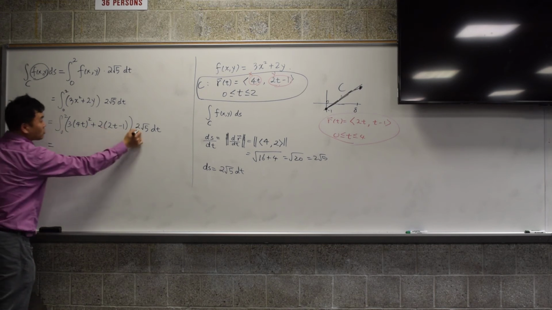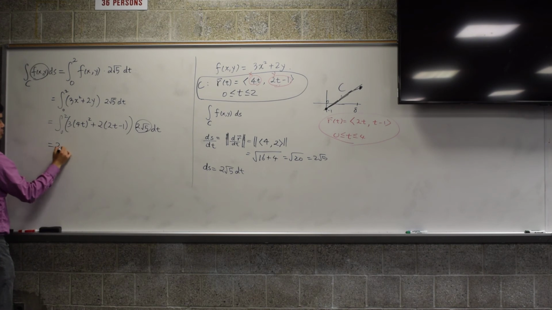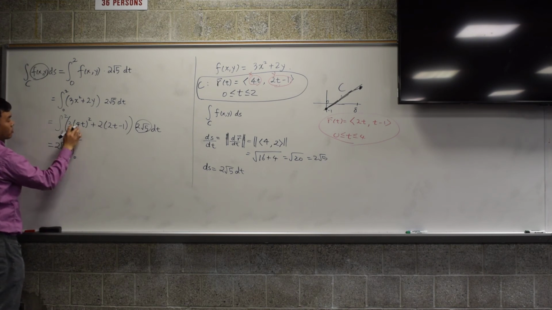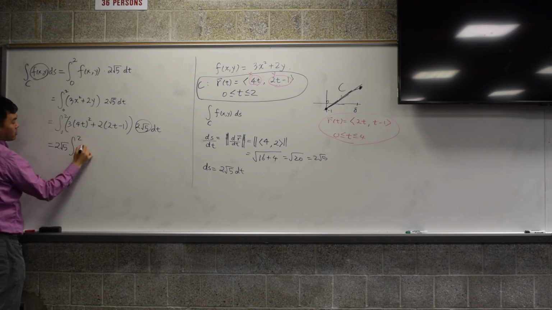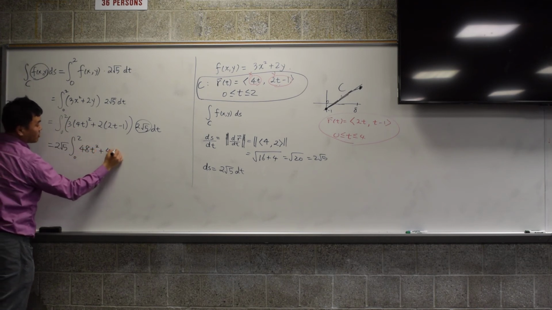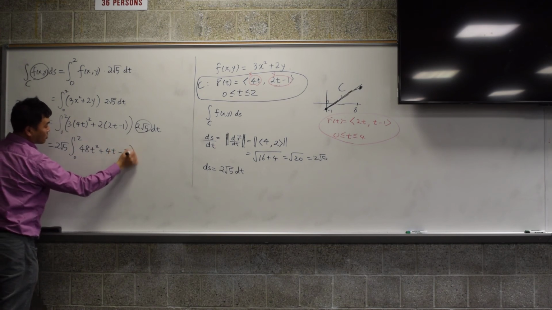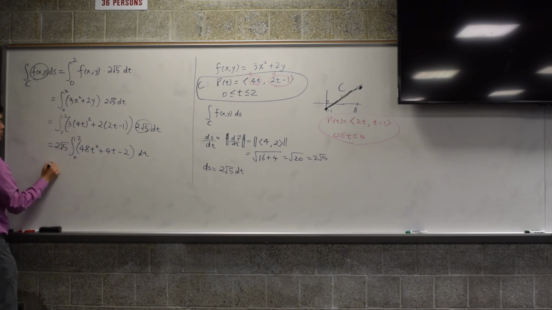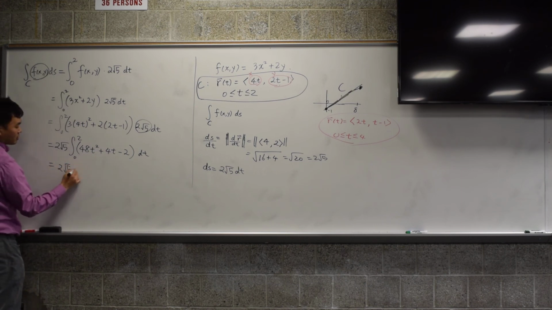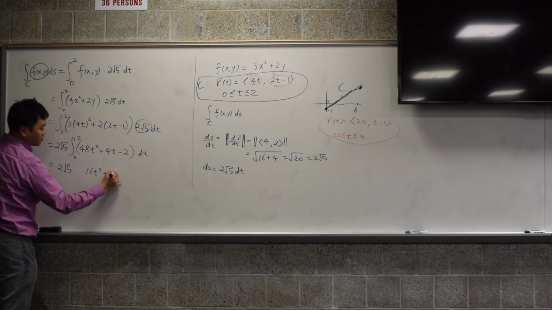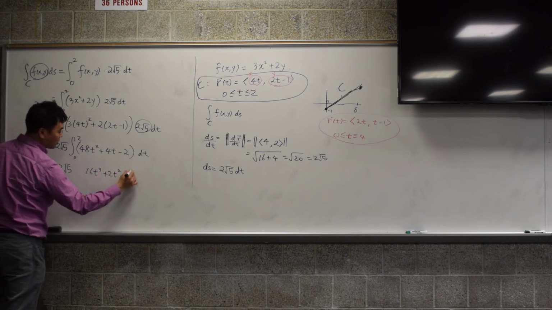Okay, let's pull the 2 radical 5 outside because that's a constant multiple. 4 squared is 16. 16 times 3 is 48, so you have 48t squared plus 4t minus 2 dt. If we integrate, this is 16t cubed plus 2t squared minus 2t.